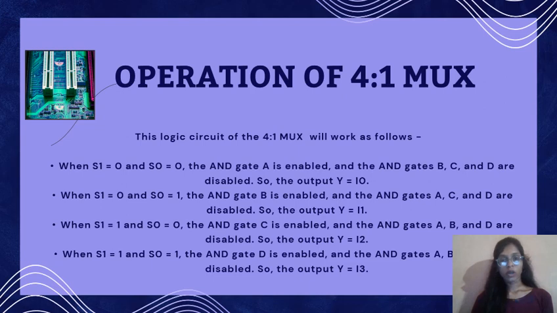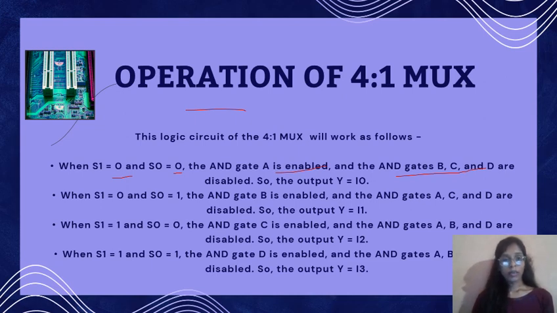Now the operation of the 4:1 mux. When S1 is 0 and S0 is 0, the AND gate A is enabled and the AND gates B, C, D are disabled, so the output Y equals I0.